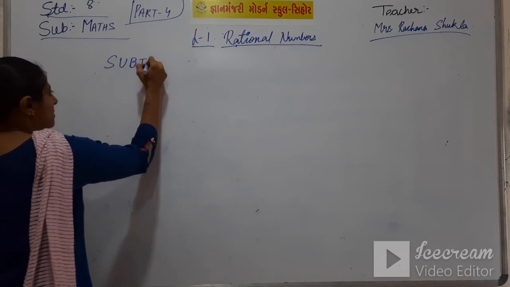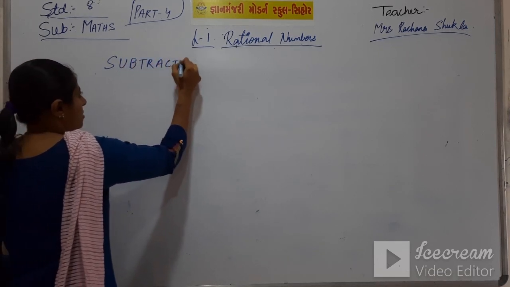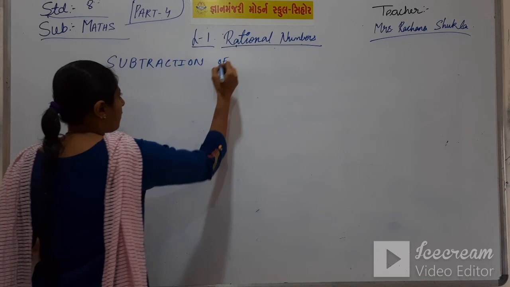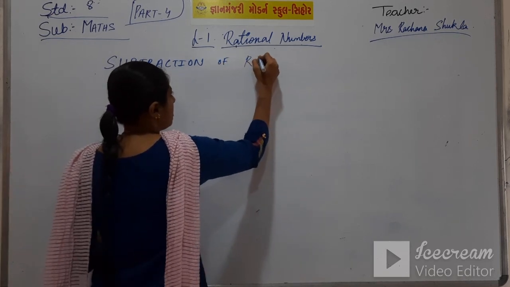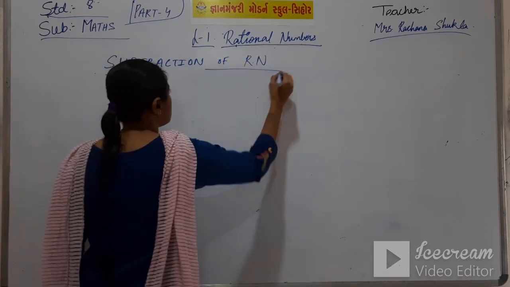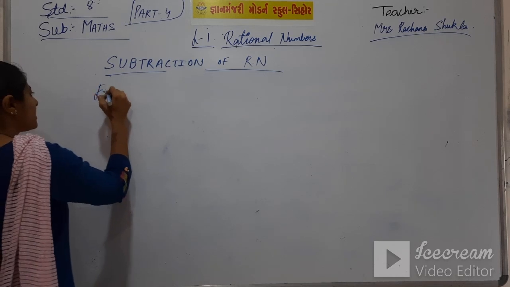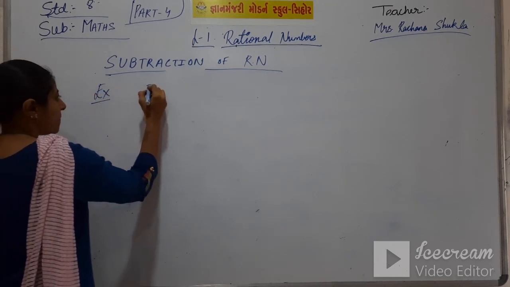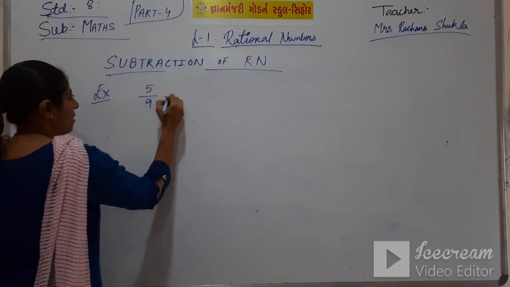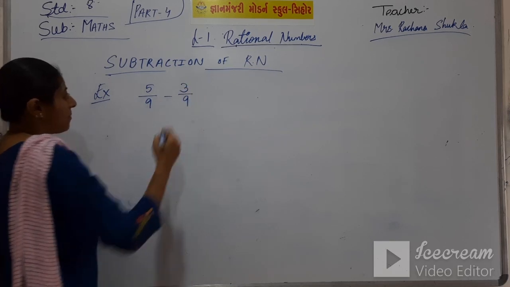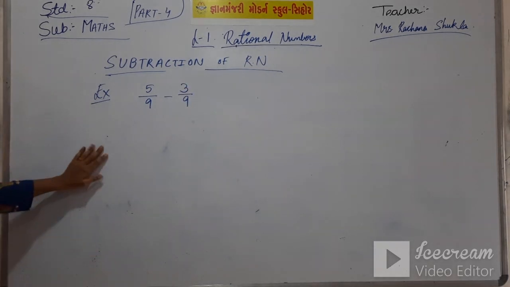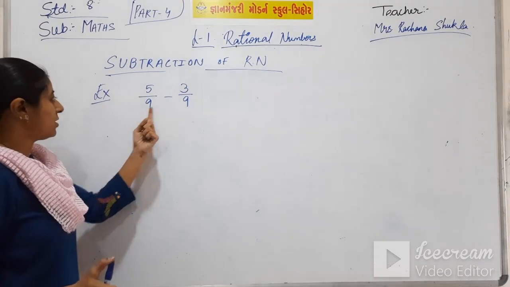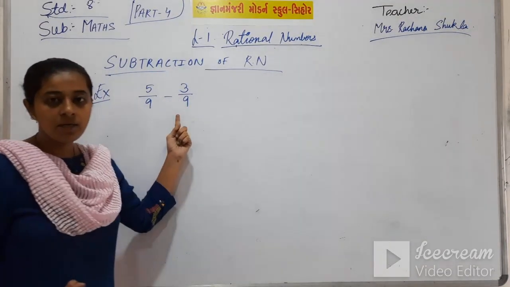Our topic is subtraction of rational numbers. Your first example is 5 upon 9 minus 3 upon 9.